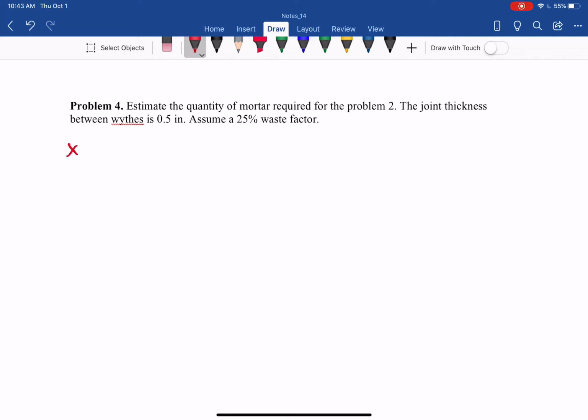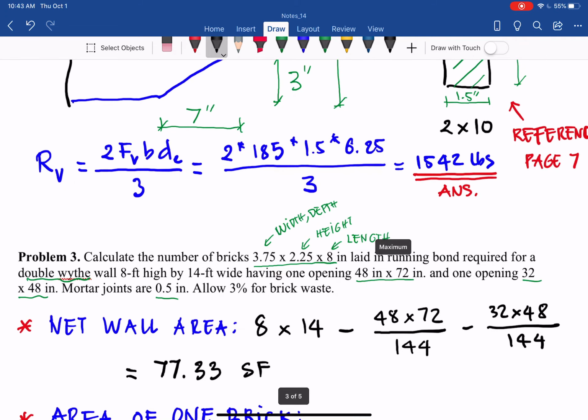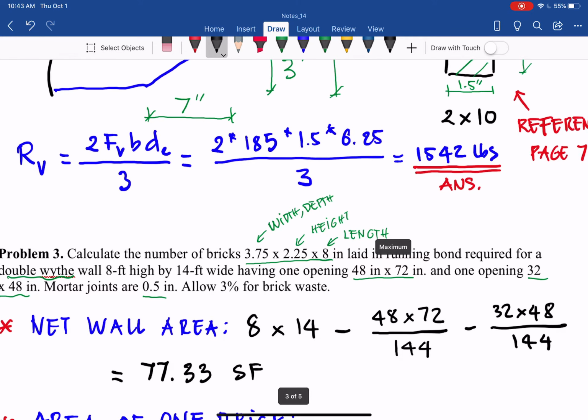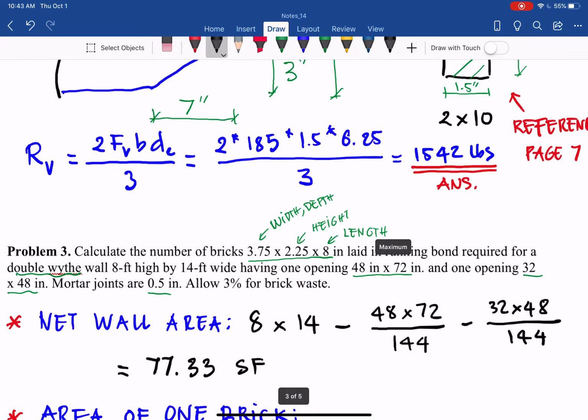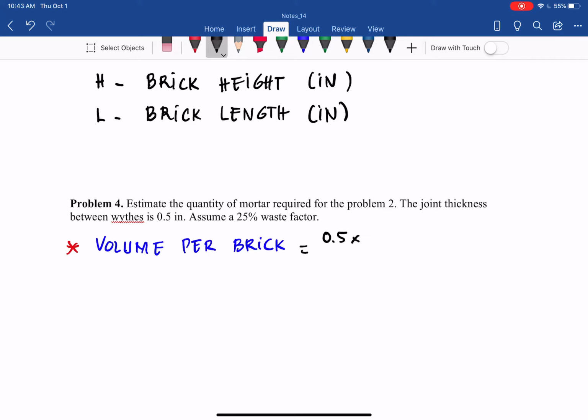It equals 0.5, the thickness, times the same bricks we have in problem 3: the width 3.75, the length 8, the height 2.25, plus the thickness of the mortar 0.5.